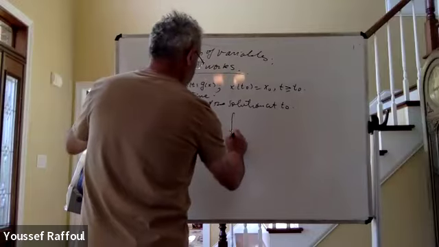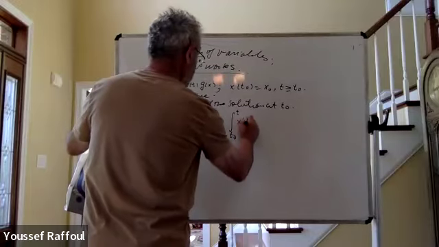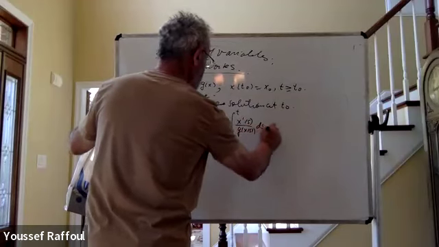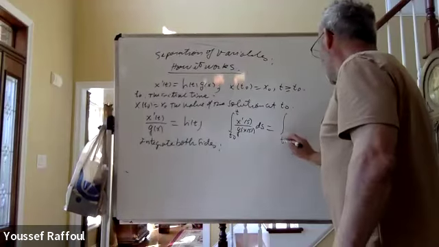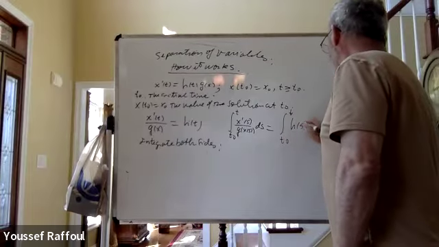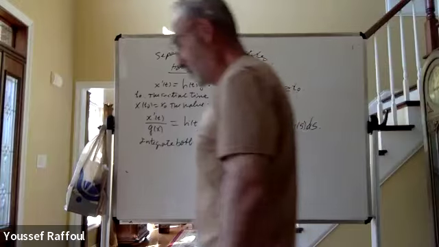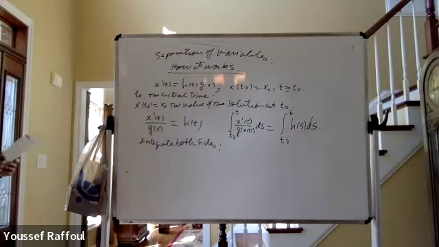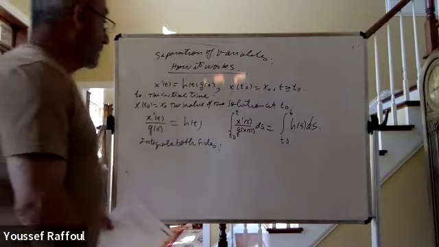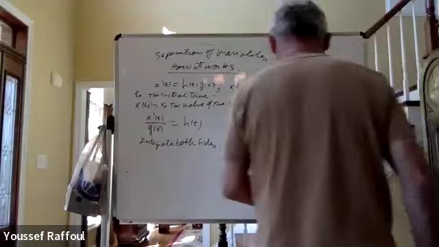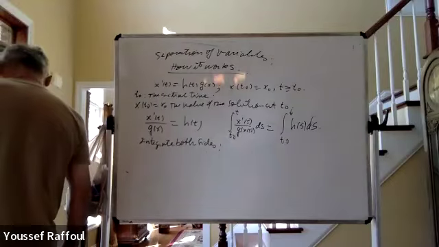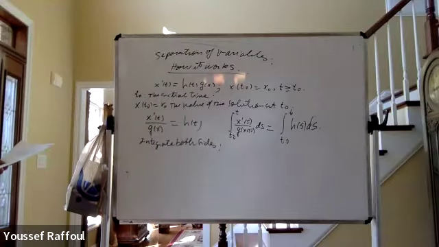So I'm going to have the integral from t naught to t of x prime of s over g of x of s ds equal to the integral from t naught to t of h of s ds.